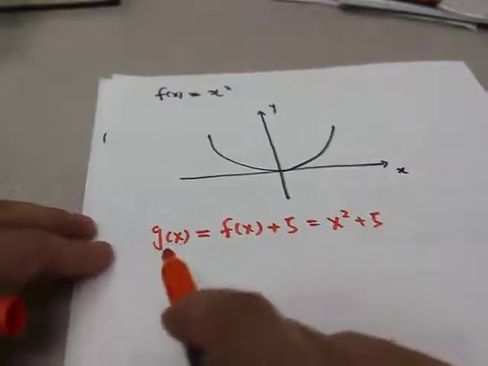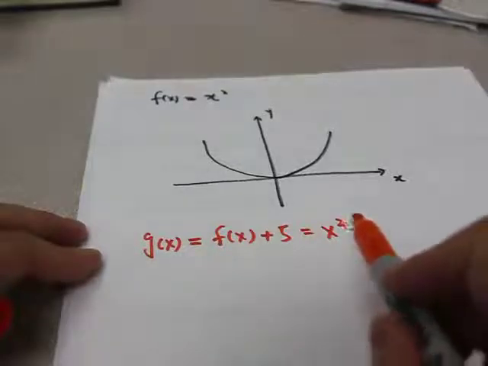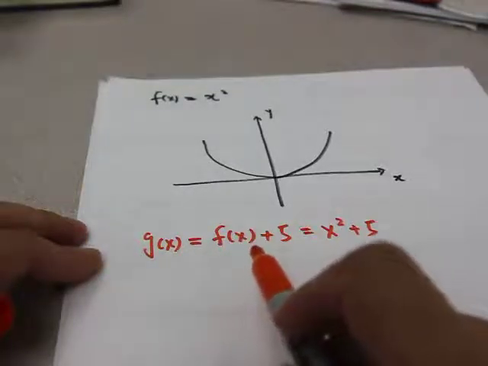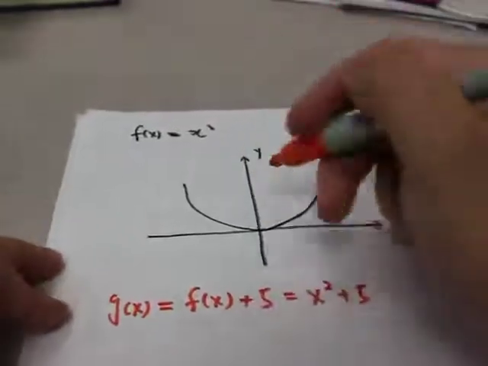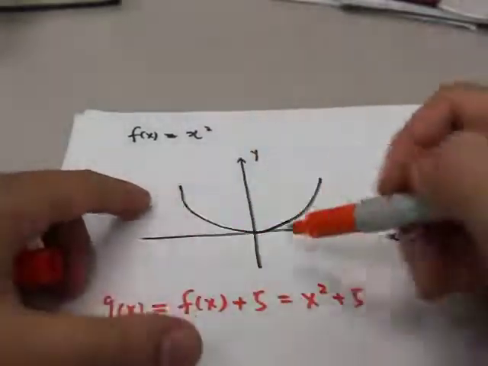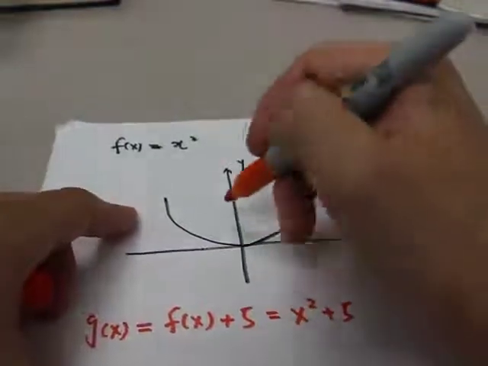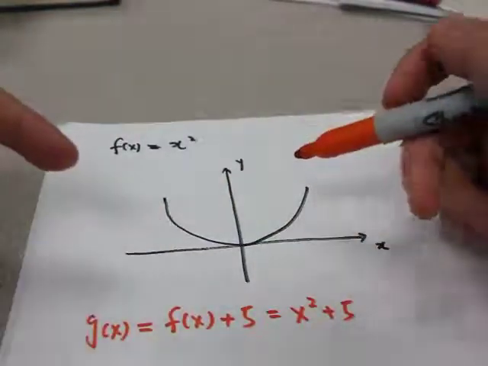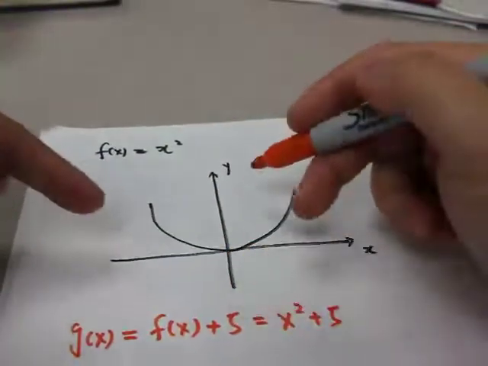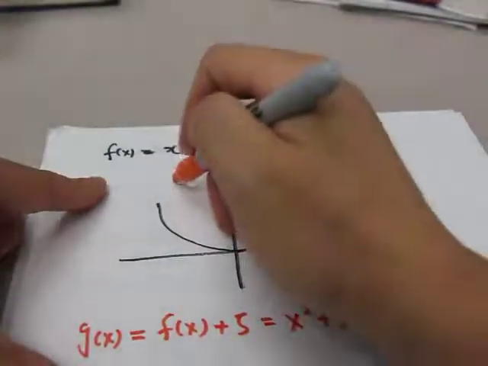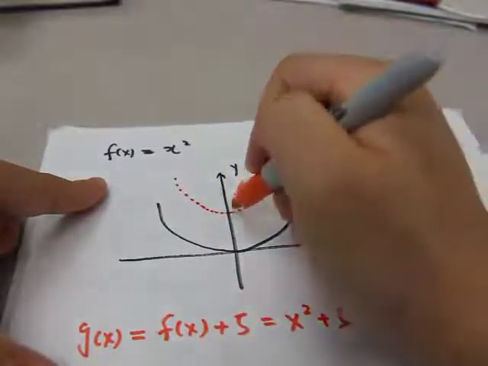Now to graph the function g(x), because here we're adding a positive number after the f(x), this is a vertical translation. So to find the graph of g(x), we just need to shift the graph of f(x) upwards for 5 units. So if we move this entire piece up for 5 units, you will get something like this.